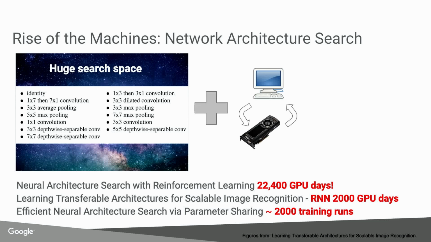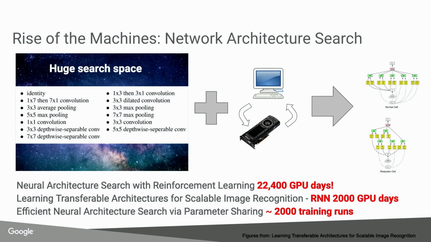And with a lot of interaction between a controller, that could be an RNN or evolution, and again, a lot of compute, we get these new architectures that are often very powerful and perform very well.